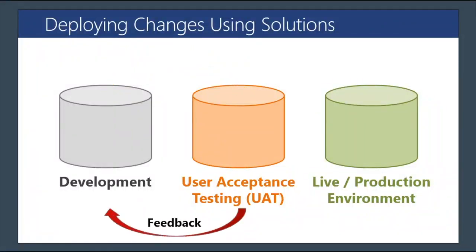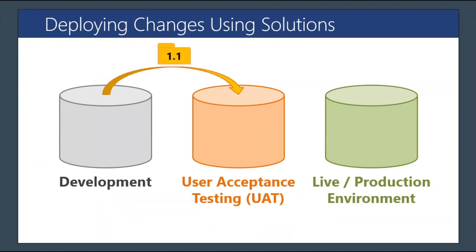Now, of course, when you go to testing, typically, if users find issues, bugs, potentially challenges, that feedback you take back into your development environment, you make the changes accordingly, and then you migrate your new solution into your testing environment.